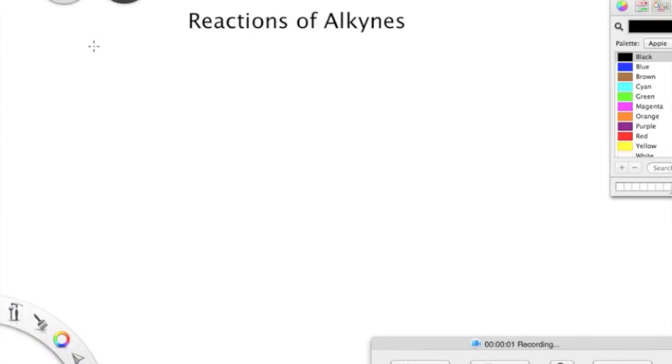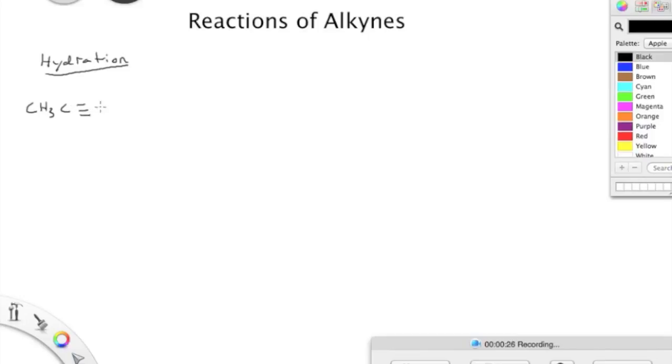Okay, so the next reaction is again another hydration reaction, and just like with alkenes, we can also add a borane to our alkyne. So in this case, let's look at an example. We'll use our same boring old alkyne that we've had.